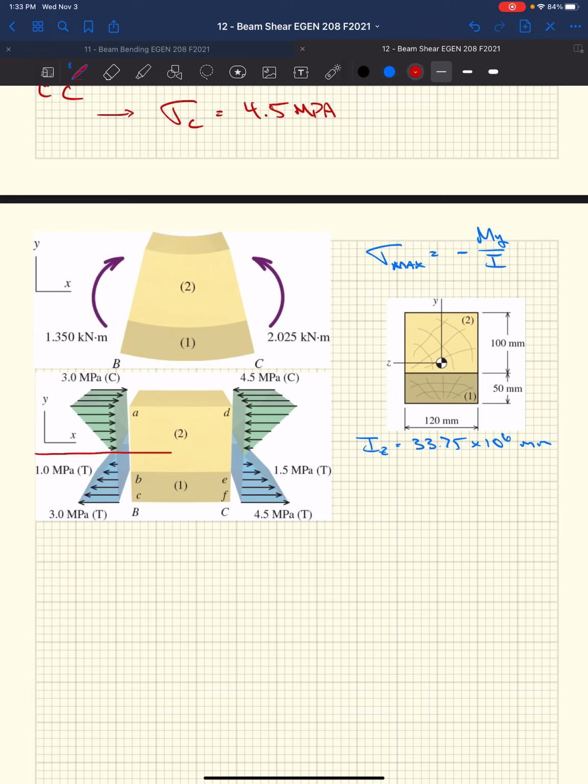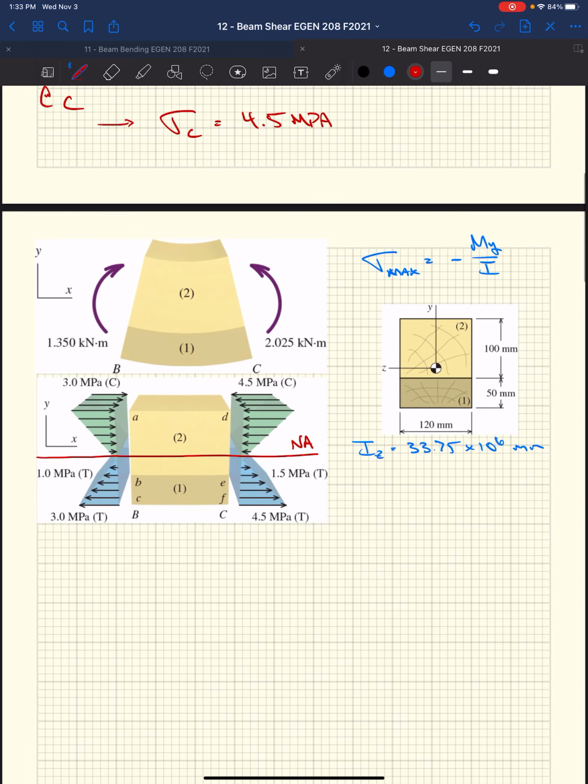Where the stresses are 0, that's our neutral axis, right? As we decided, our cross-section is symmetrical. Our centroid's at the center, so our y max to the top is our y max to the bottom. So our compressive stresses are going to be the same as our tensile stresses. They vary linearly, right? It's all a function of y, the distance from our neutral axis. So our stress distribution would show up something like this.